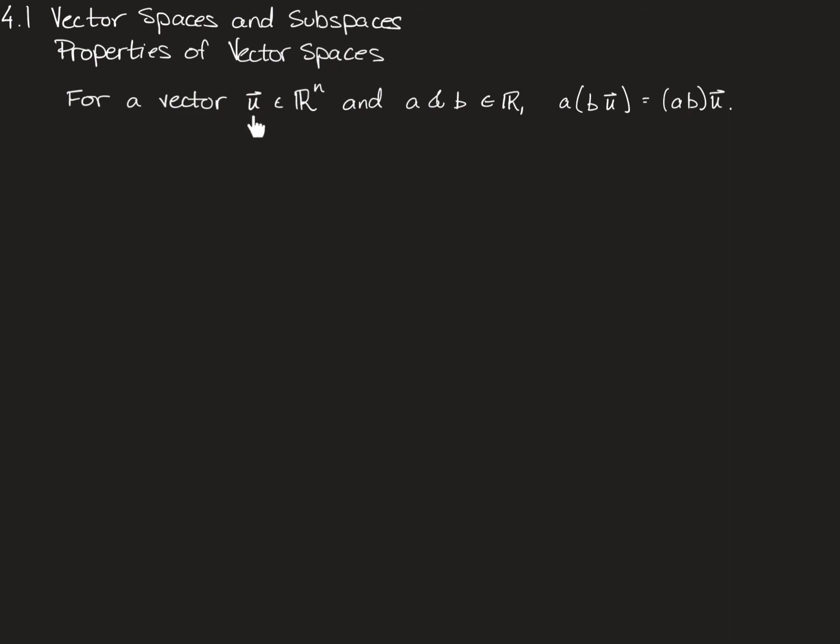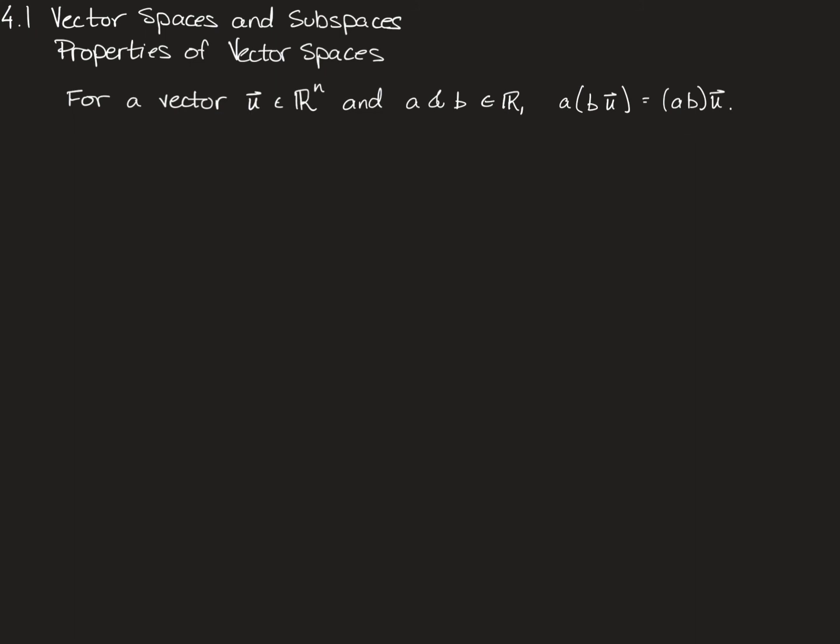So for any given vector u, any vector in Rn, and two numbers a and b that are real numbers, they are in the set of real numbers, my claim is that a multiplied by u scaled by b is going to be the same as u scaled by the product of a and b.